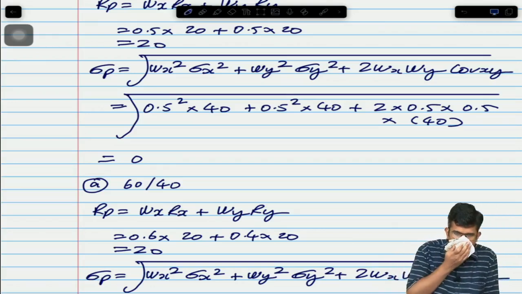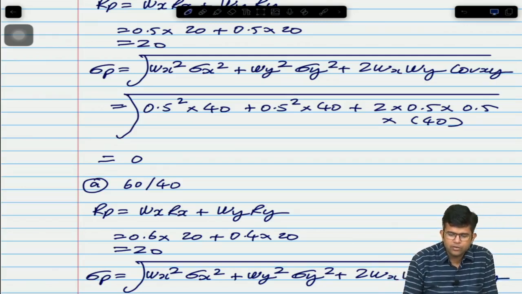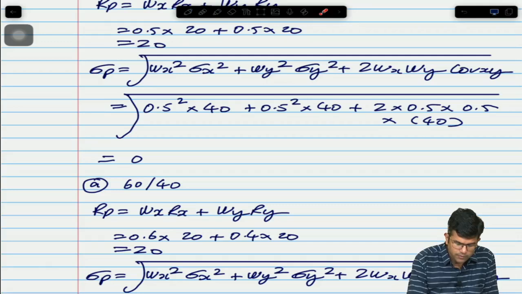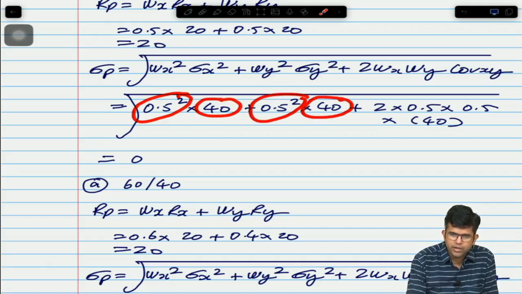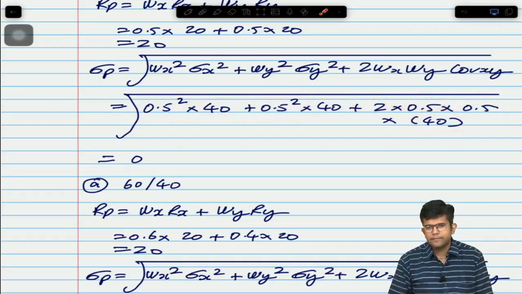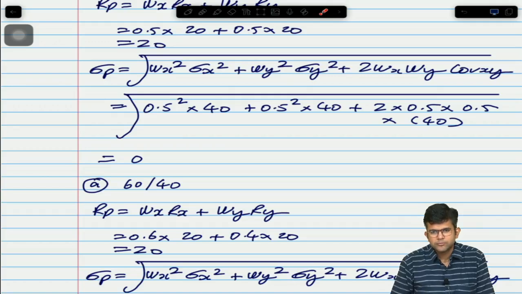Do it properly on the calculator: 0.5 squared into 40 plus 0.5 squared into 40 plus 2 into 0.5 into 0.5 into 40 minus. You'll get 0. Got 0, Sandeep?